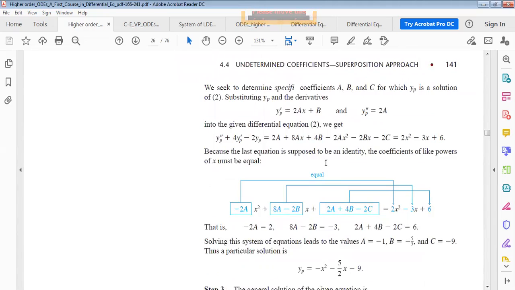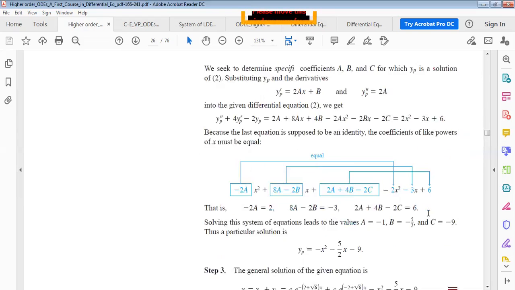Because the last equation is supposed to be an identity, the coefficients of like powers of x must be equal. This is the like term: x square coefficient, x coefficient, and constant term.